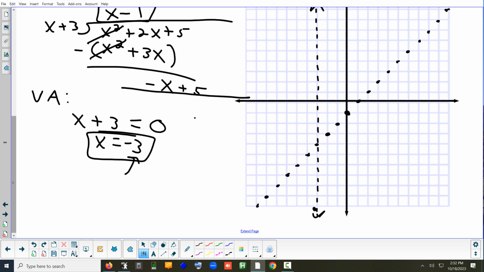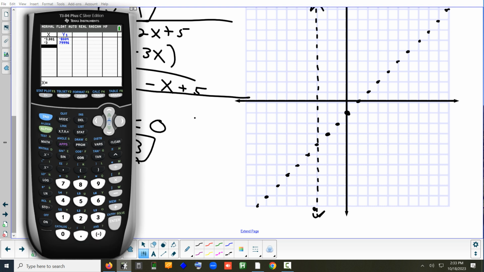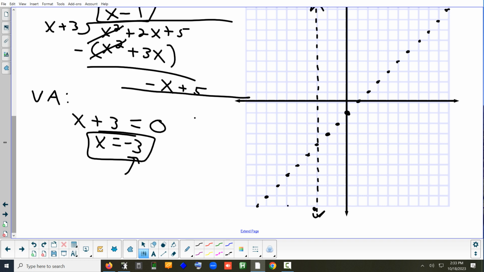Let's start with the lower left. What's an x value that would be in the lower left area? Negative 6. Yep, we can do negative 6. So negative 6, negative 10, roughly. Right about there.